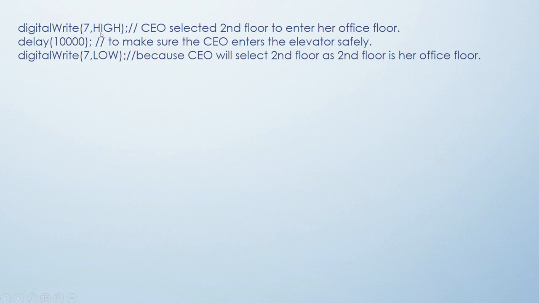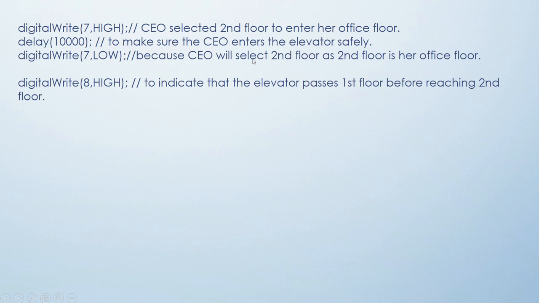The ground floor LED light is again on for 10 seconds, and during this time the CEO will enter the elevator safely. And she will select the second floor because the second floor is her office floor.